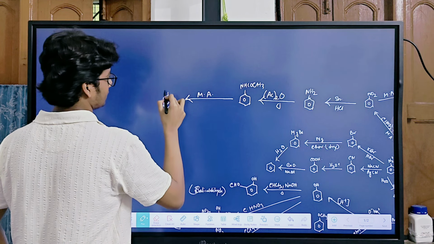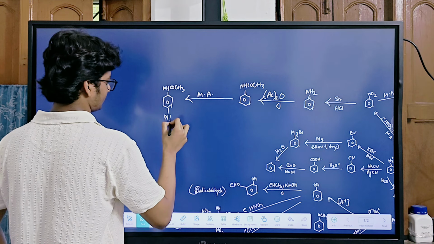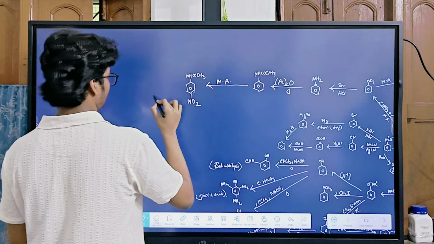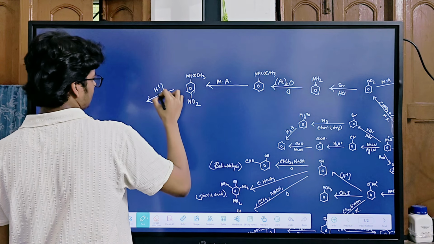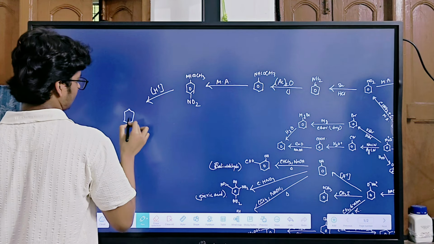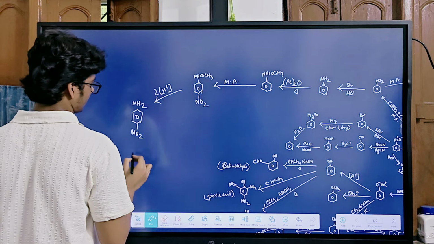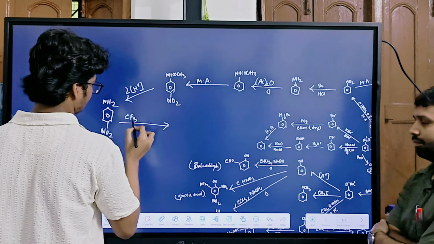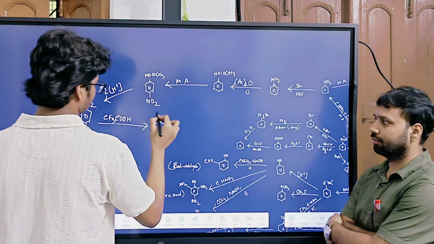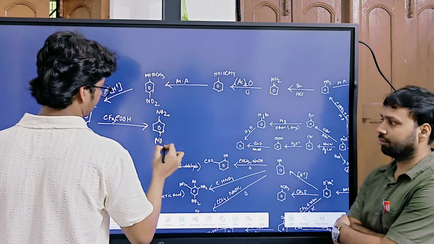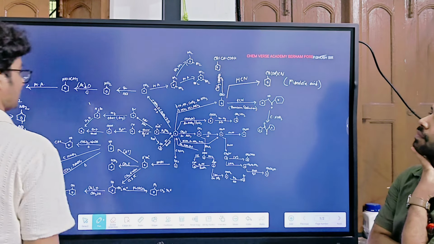Now we need to convert this also into NO2. At first let us convert it into NH2 by reduction. And further with CF3COOH, a strong oxidizing agent, it will form NO2 and NO2 in para position. So this was the whole reaction you can see out there.